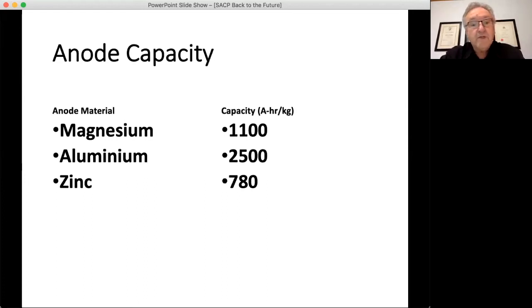Aluminium has a much higher capacity in terms of ampere hours per kilogram, and zinc has a relatively low capacity.